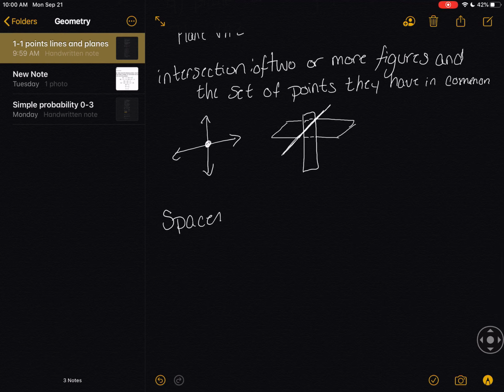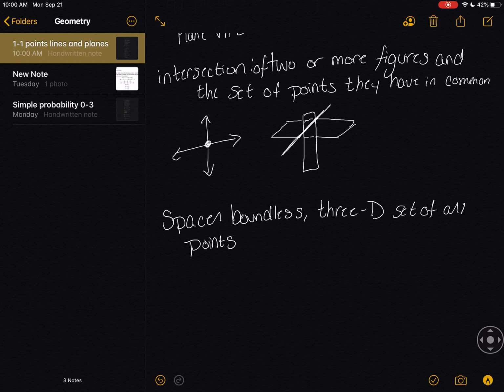And when we're talking about space, it's defined as a boundless, and it's typically three-dimensional, right, 3D, set of all points. And these can contain lines and planes. So that is what space is talking about.